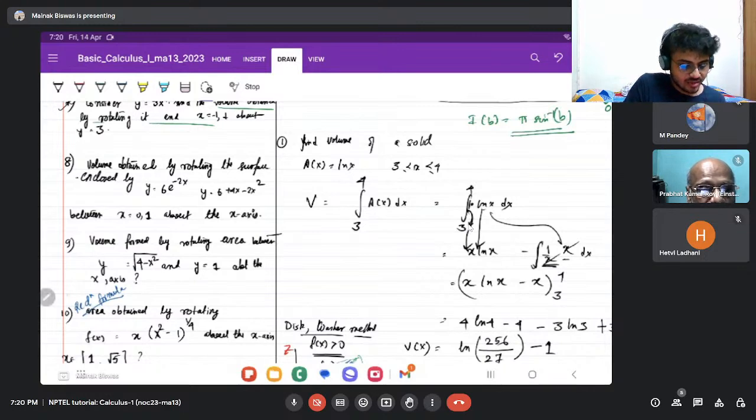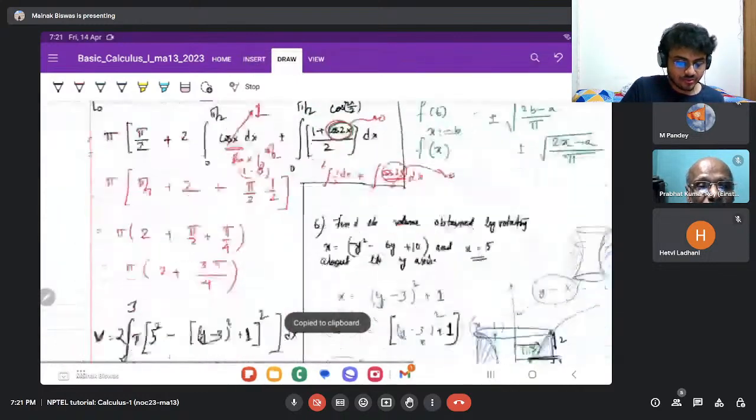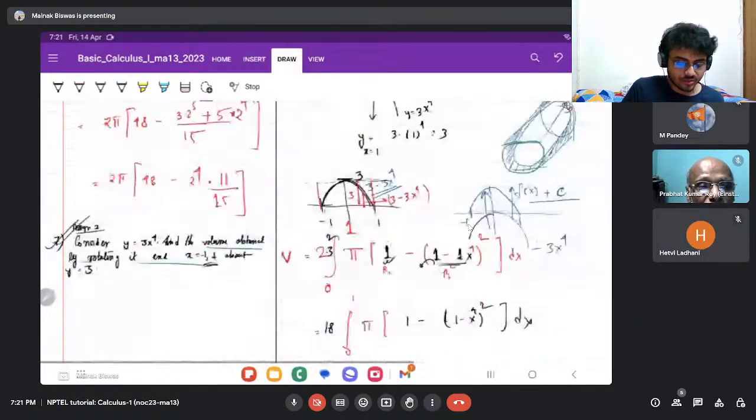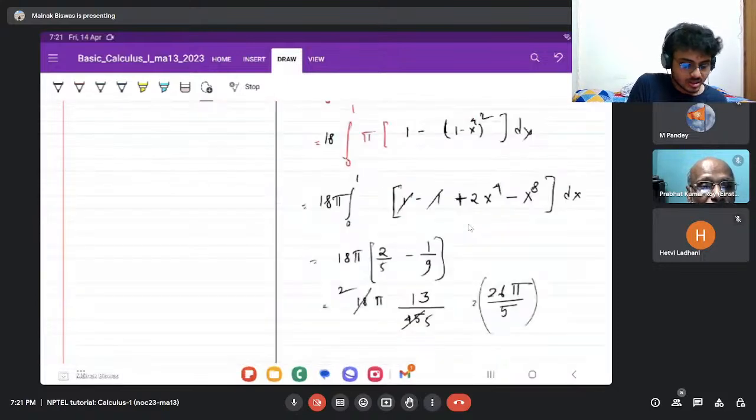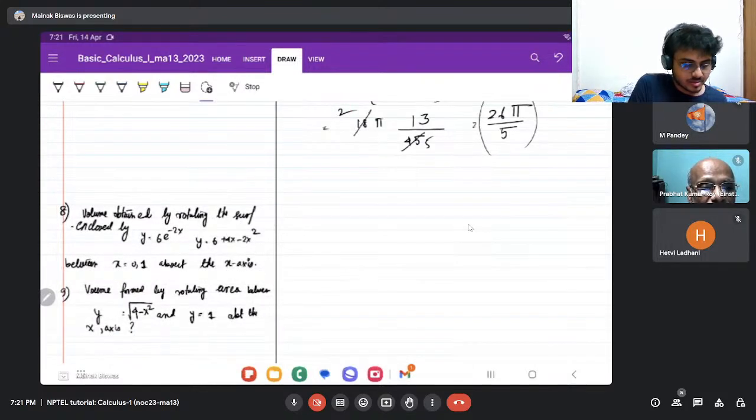So 8 and 9 we'll do together and then try and solve the figure of one of these. Number 8 is again a simpler question.